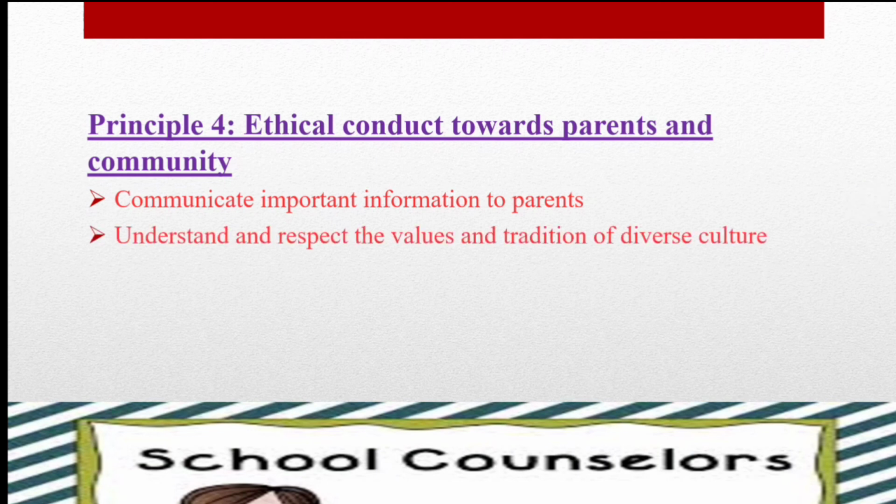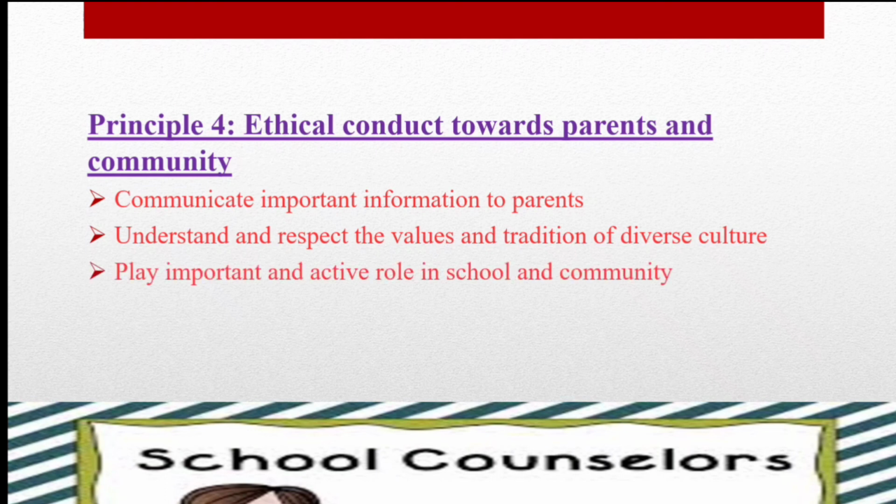Then understand and respect the values and traditions of diverse cultures represented in the community and in his or her classroom. Play an important and active role in the school community to build up the relationship. It is very important that you play an important and active role.